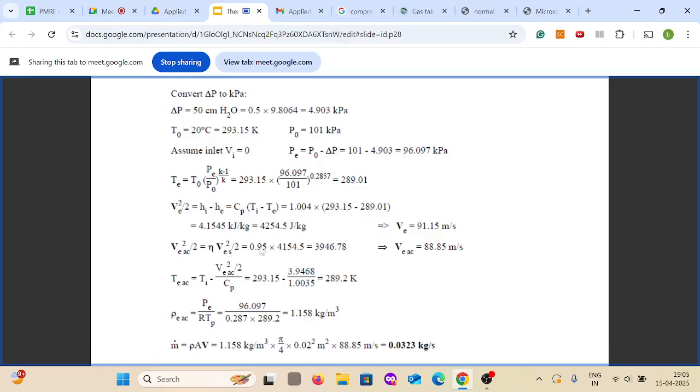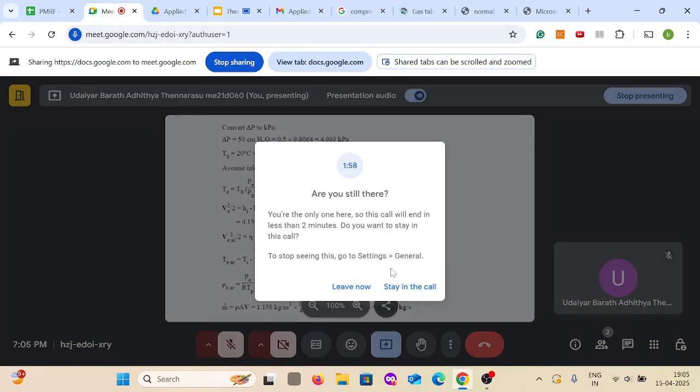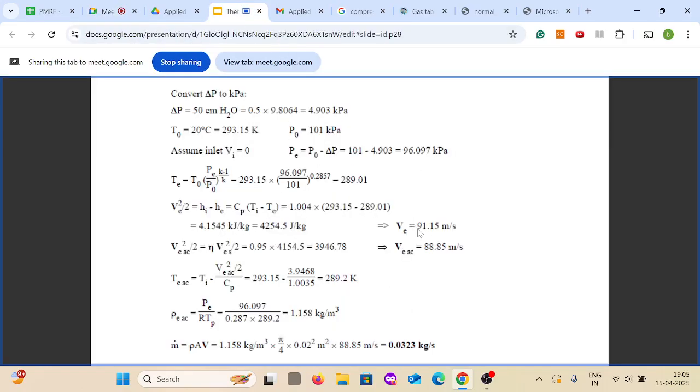The nozzle efficiency is 0.9 and the kinetic energy is 415.4.5, which gives you the actual kinetic energy change as 394.6.78. So with this, the actual velocity comes out to be 88.85, and in case of an adiabatic flow, the velocity comes out to be 91.15 meter per second.